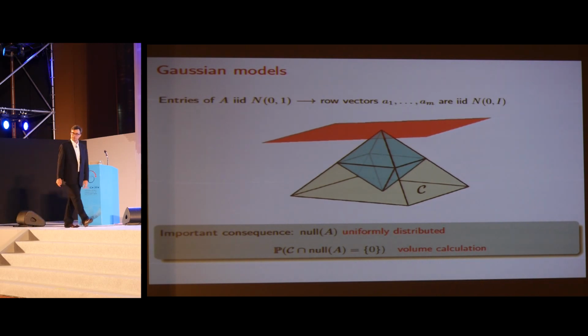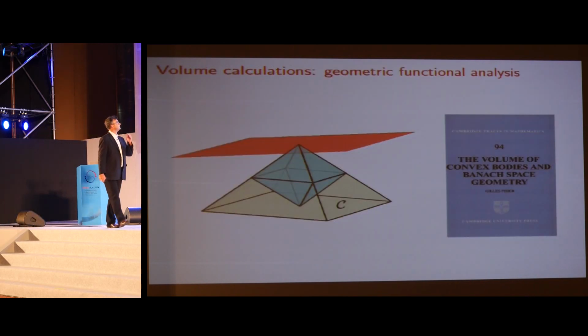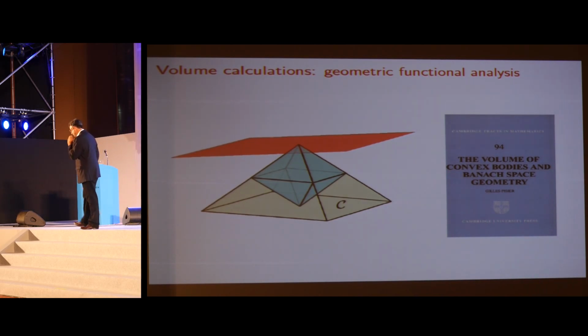So it's a volume calculation. Now, calculating the volume of convex bodies is the subject of a field of mathematics called geometric functional analysis. This is an amazing field that has developed an array of techniques to compute volumes of convex bodies, and we're going to use some of these tools.